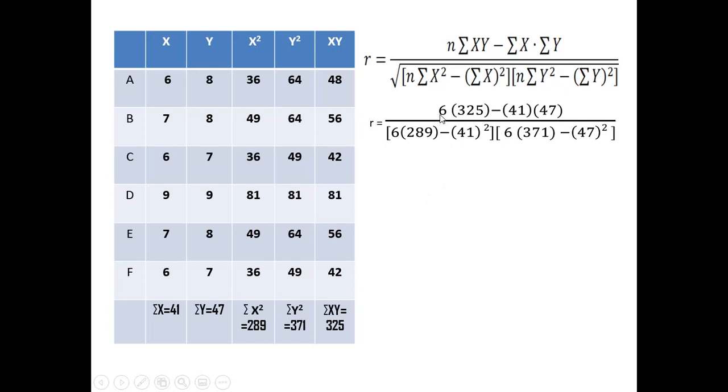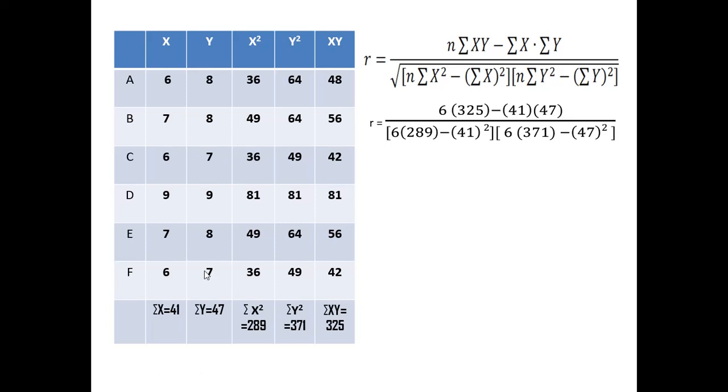So, ayan na siya. 6, dahil 6 ang estudyante, 6 observation. 325, summation of xy minus, what is summation of x is 41. Summation of y is 47 from the table all over. May square root ito. 6 times summation of x squared. Ano ba ang 41 squared?